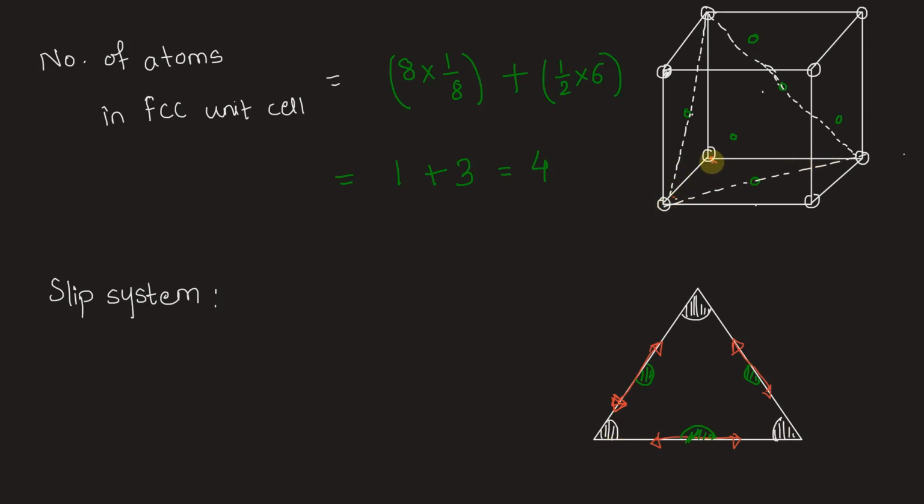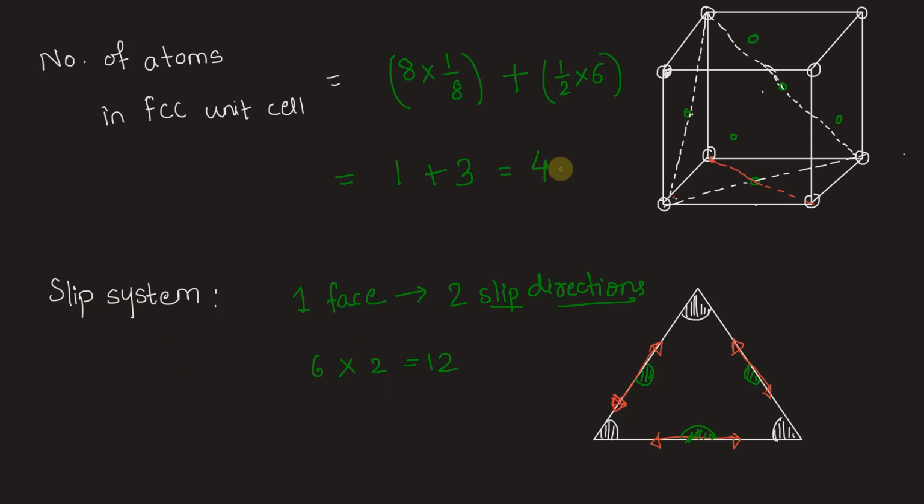So the other diagonal direction consists of the other slip direction. One face has 2 slip directions. So per face there are 2 slip directions. There are 6 faces and so 12 slip directions. So the number of slip systems are nothing but these directions. In total, that is 12 slip systems.